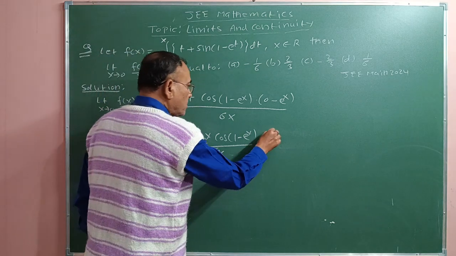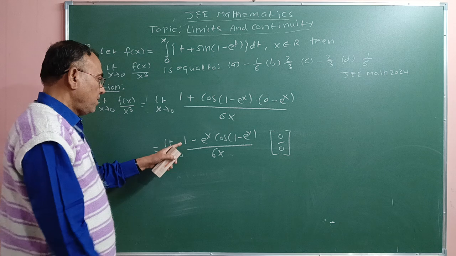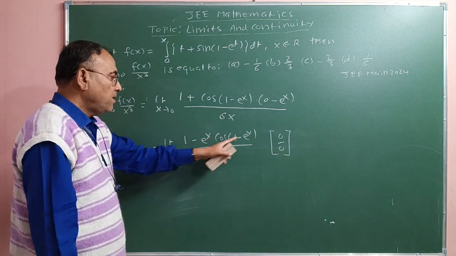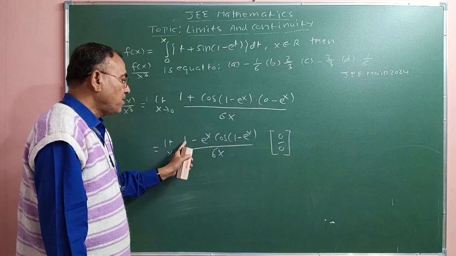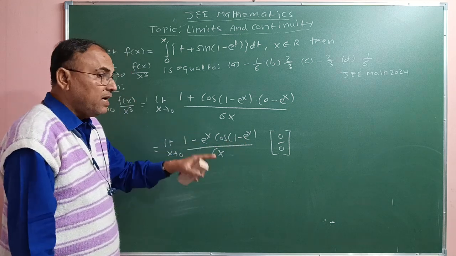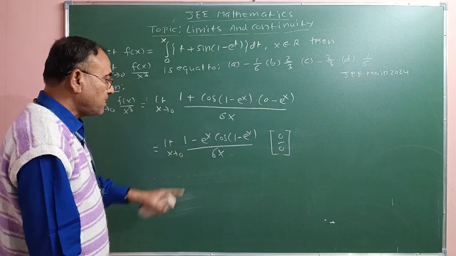This is also in the form of 0 by 0. e^0 is 1, 1 minus 1 is 0, cos 0 is 1, so 0 by 0. Again differentiating numerator and denominator with respect to x separately.